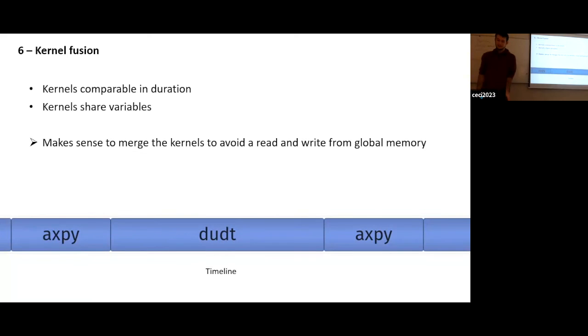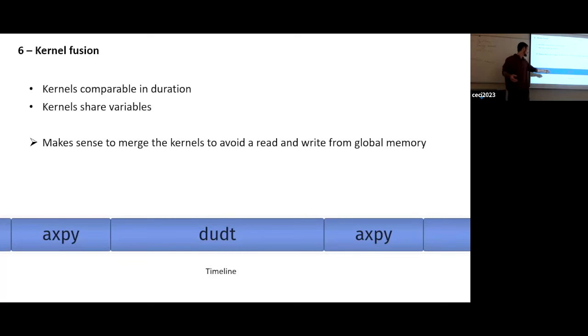Okay, so next idea. With all of the optimizations that we did to the kernel, we went from a timeline where we spent like 95% of the time doing the computation in the function called dudt, and then the remaining 5% in the AXPY.